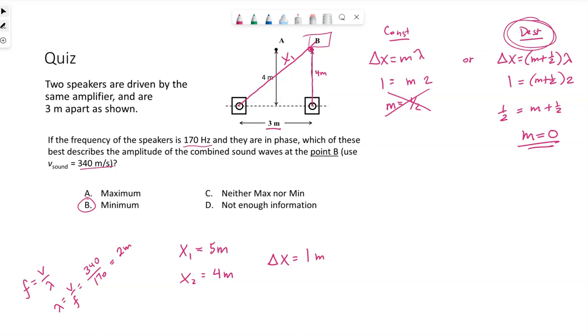A minimum is a way to describe a location of destructive interference. So m equals 0 would be the first location. So if this was us walking from point A to point B, it would be the first place we get to where the sound would go down to 0.